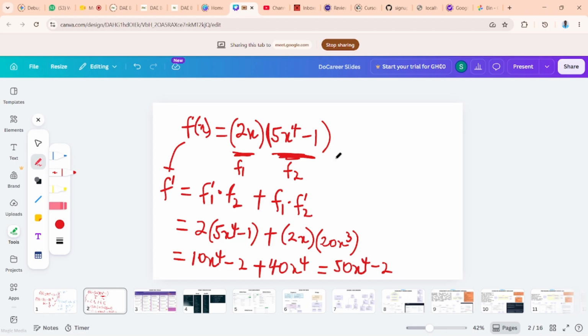Yes. 2x divided by 5x raised to the power 4 minus 1. I'm just saying, we can use the product rule for this too, right?